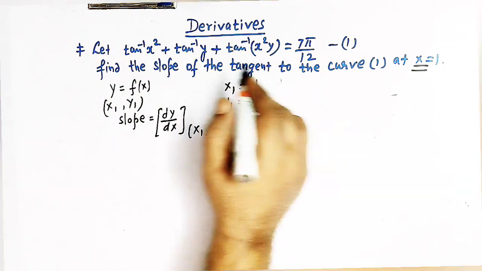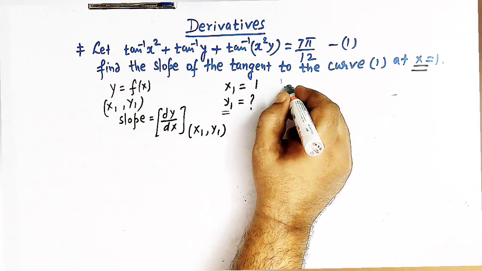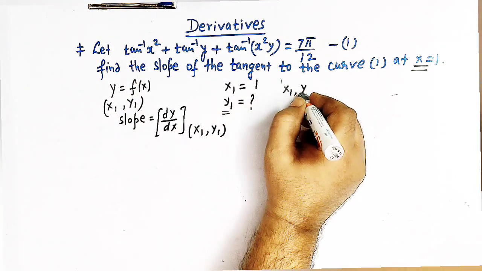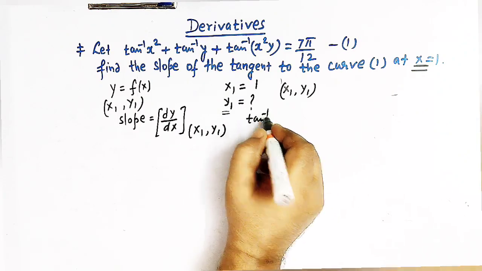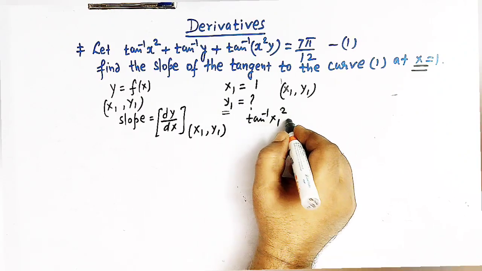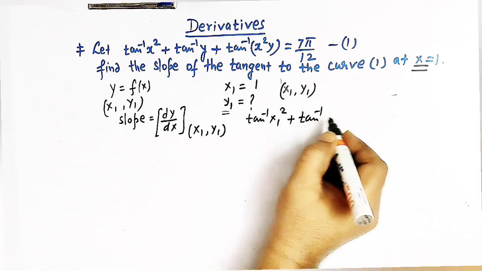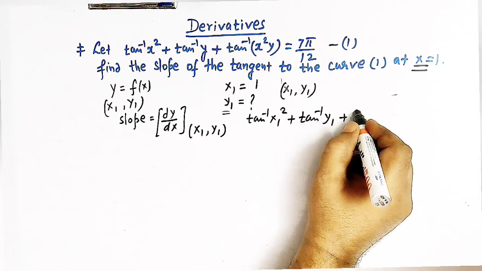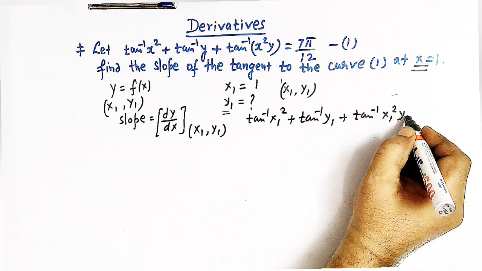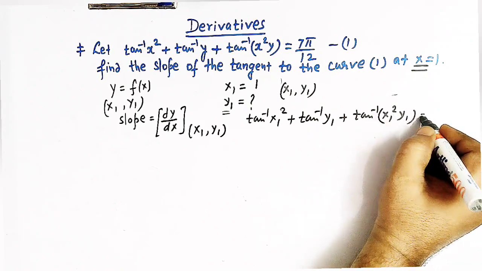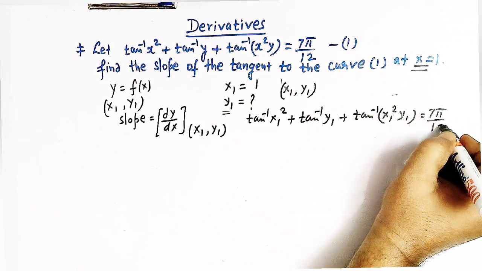This equation is satisfied by the point x1, y1. So we have tan inverse x1 squared plus tan inverse y1 plus tan inverse x1 squared y1, and this is equal to 7 pi by 12.